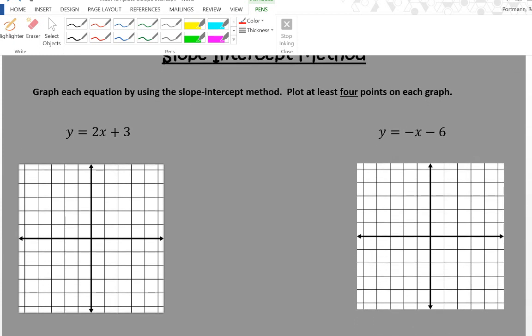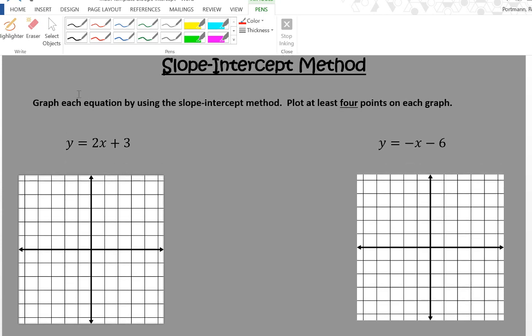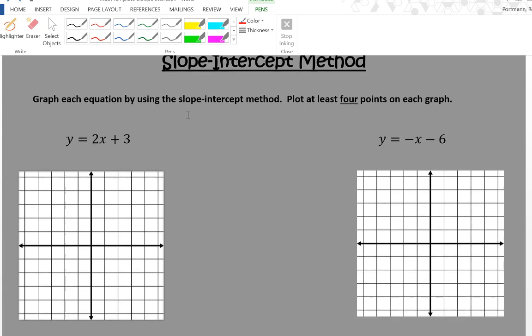The first thing that we're going to do is write m equals, b equals, where m is the slope and b is the y-intercept. If you look over here, the m value is 2, and then we have the b value, which is positive 3.